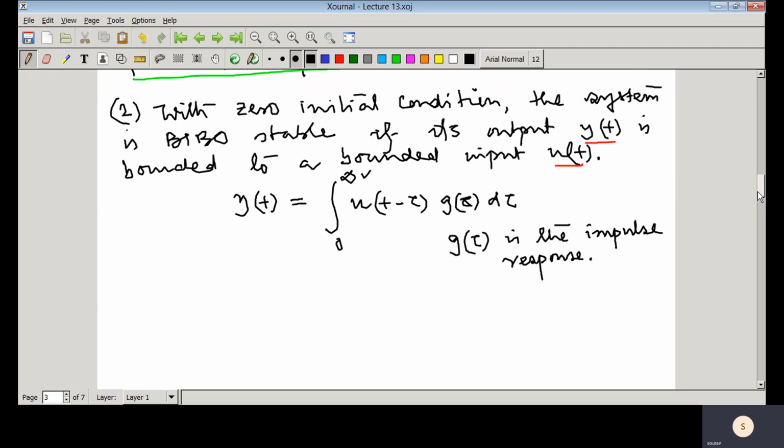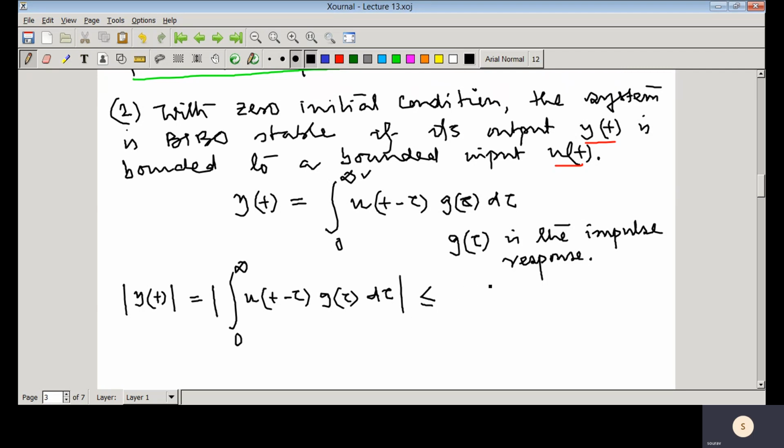So this is the output of the LTI system. Now if you take the magnitude of that output, for better understanding we are considering the single input single output case. Take the mod of y(t), so the mod of this integral of u(t minus tau) g(tau) d tau.